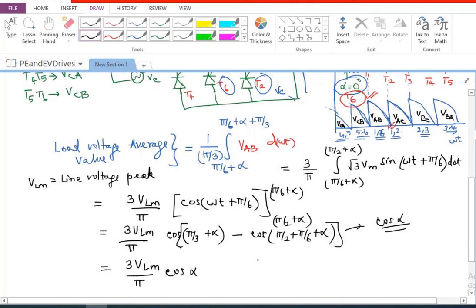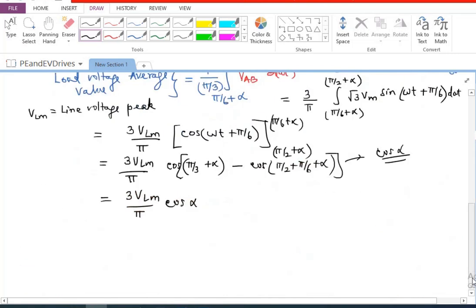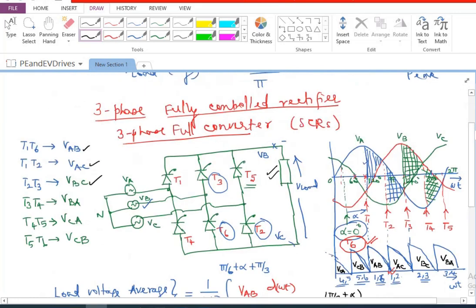So I can again draw the current corresponding to this particular R load case. In the R load case, you will have the load voltage and load current exactly looking the same. If I am talking about load voltage like this, the load current I should essentially draw with a similar variation, only divided by resistance.